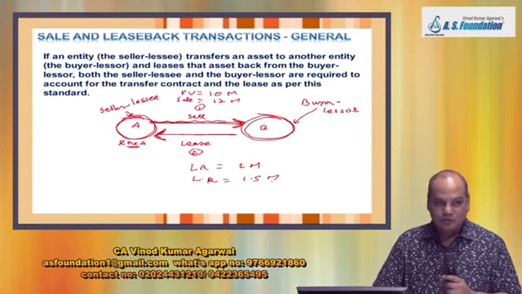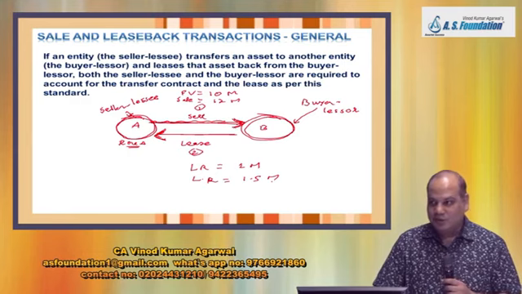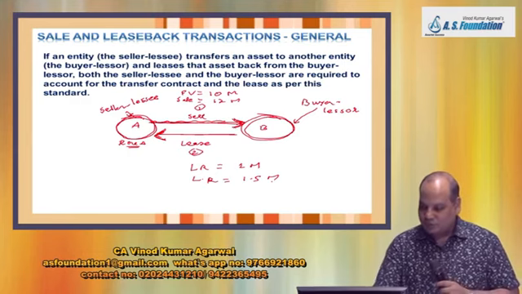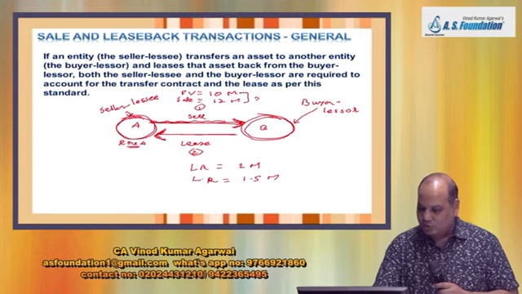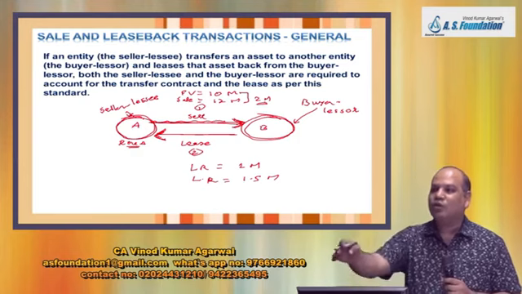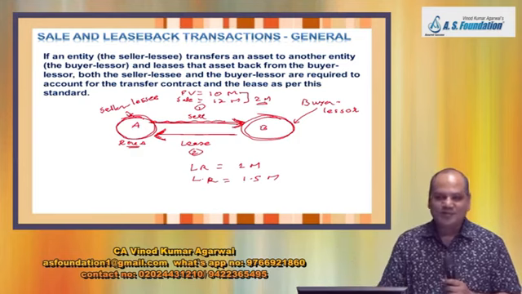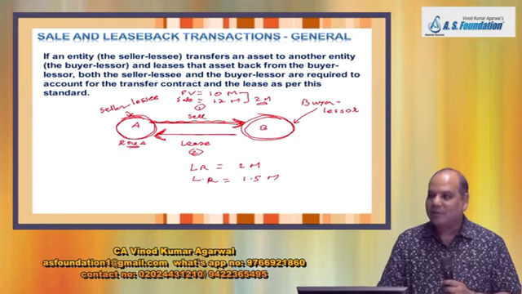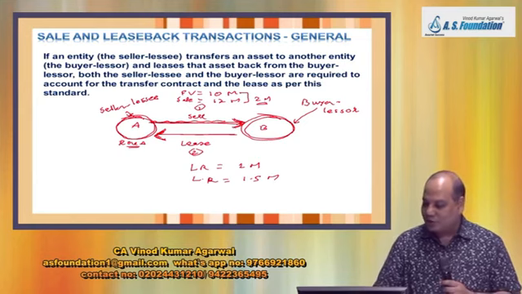The standard says no. There is some problem here. This extra 2 million that B has paid to A is nothing but an additional loan B has given to A. And this 1.5 million, actually you are paying for two things.